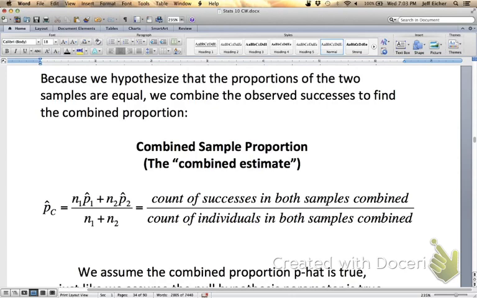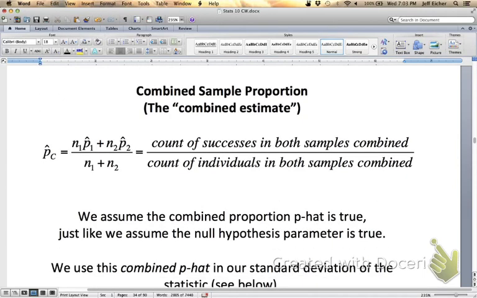Because we hypothesize that the proportions of the two samples are equal, that's the null hypothesis, we combine the observed successes to find the combined proportion, which we call p hat sub c.